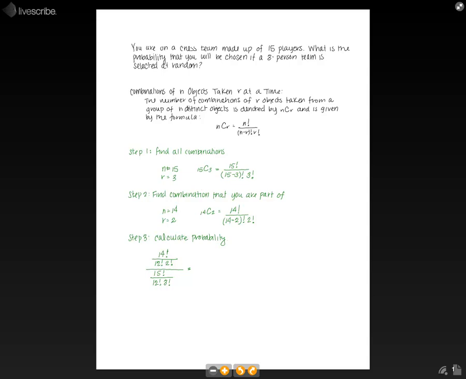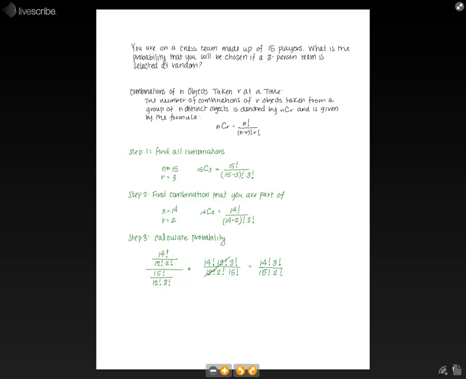Alright, so we can simplify that to 14 factorial, 12 factorial, 3 factorial, all over 12 factorial, 2 factorial, 15 factorial. Alright, so the 12 factorials cancel out. So now we're left with 14 factorial, 3 factorial over 15 factorial, 2 factorial.